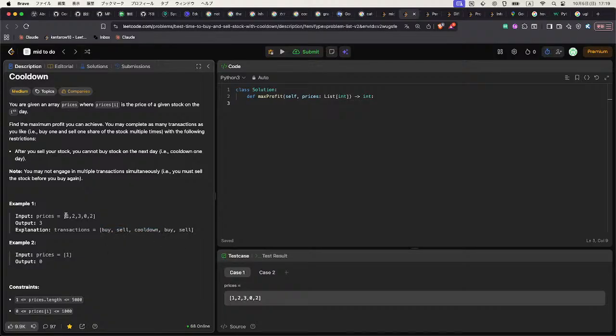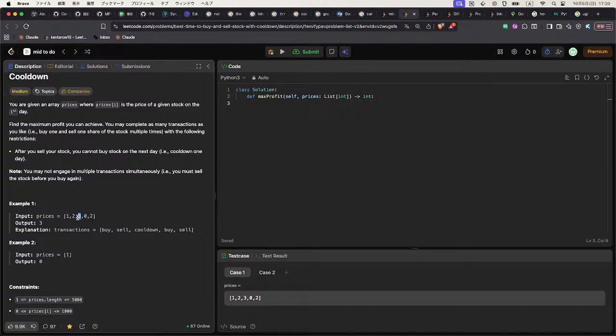I see. So in this case, when we bought the share of stock on the first day, and after that, as you can see, there is 2 and 3.